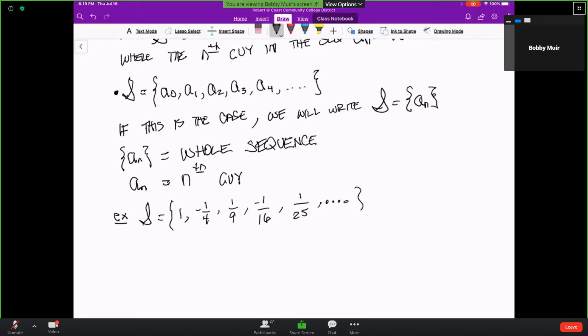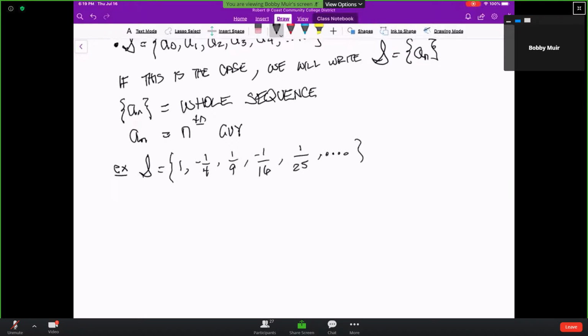Then A sub n is going to be negative 1 to the n divided by n plus 1 squared, and this is going to start when n equals 0, 1, and 2.